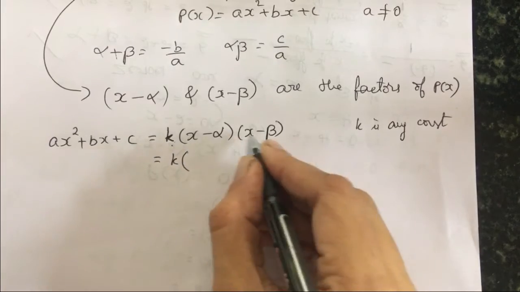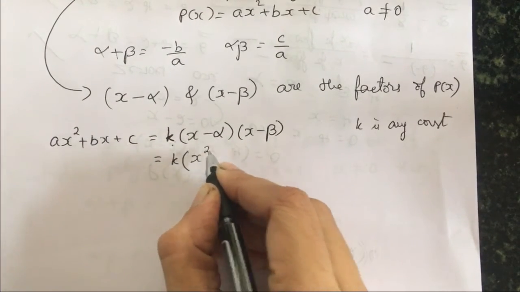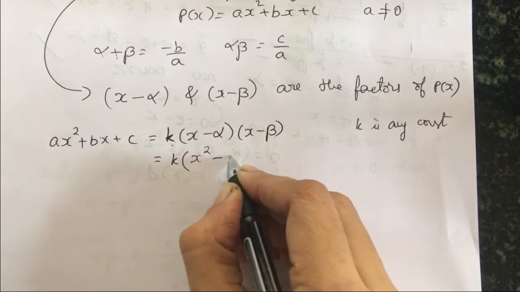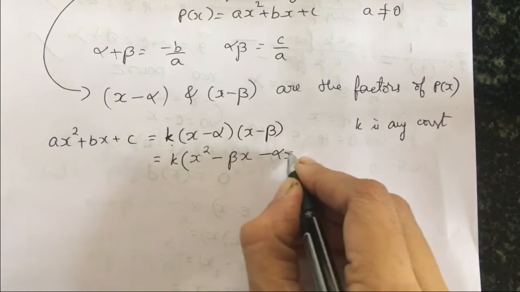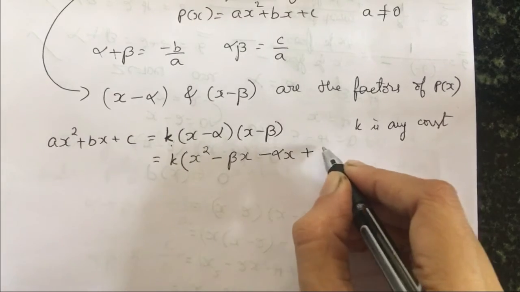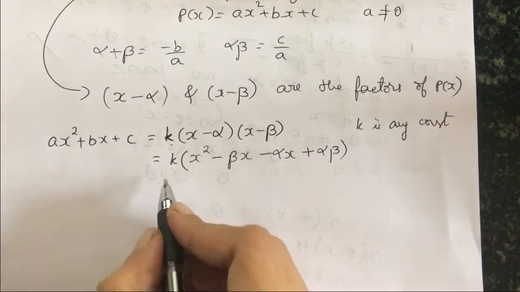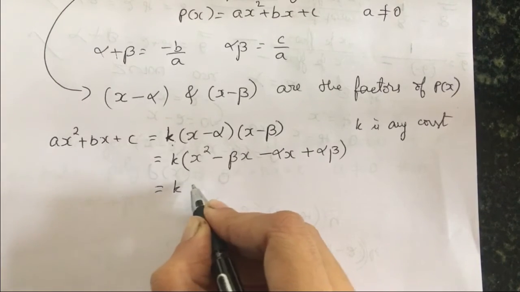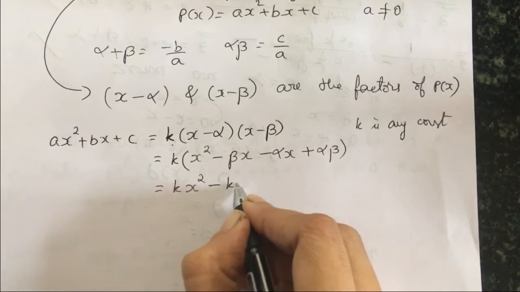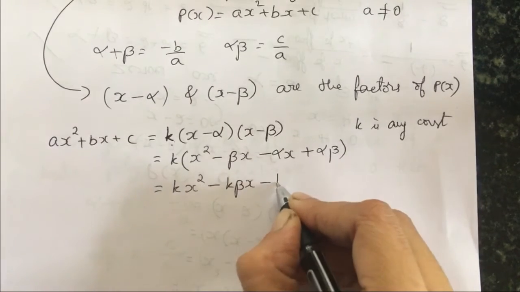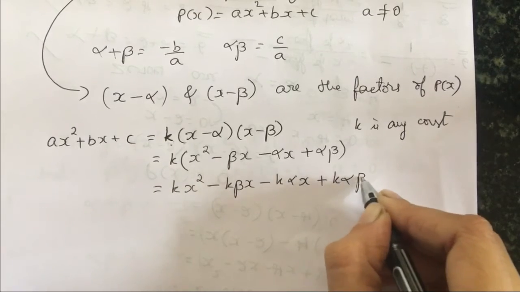Now x minus alpha into x minus beta: x into x is x square, x into minus beta is minus beta x, minus alpha into x is minus alpha x, and minus alpha into minus beta is plus alpha beta. Now I'll rewrite this: k x square minus k beta x minus k alpha x plus k alpha beta.